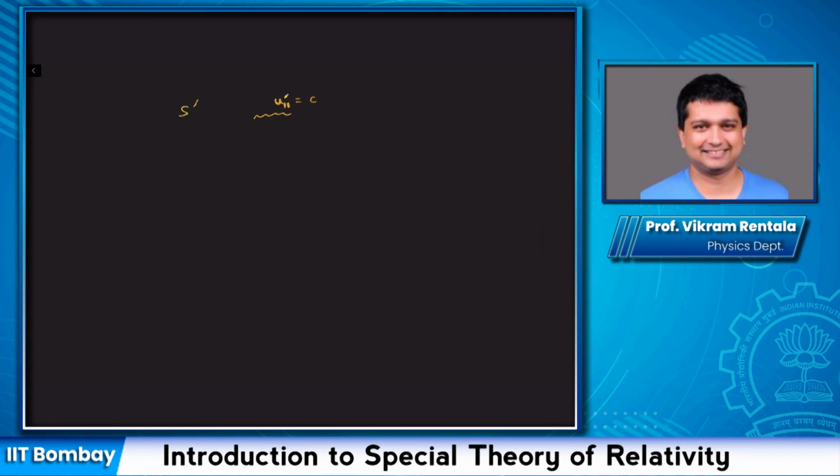And this frame S prime is moving with respect to S at a speed v in the x direction. So now what we want to know is what is u parallel. So using our dictionary above, u parallel is u parallel prime plus v divided by 1 plus u parallel prime v over c squared. So what we would get is c plus v over 1 plus cv over c squared.